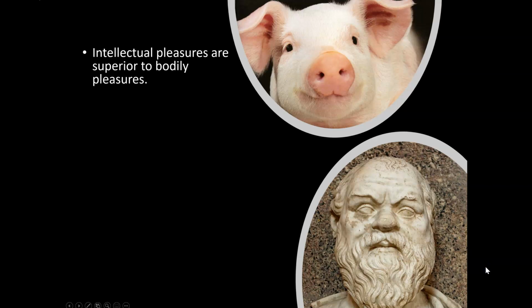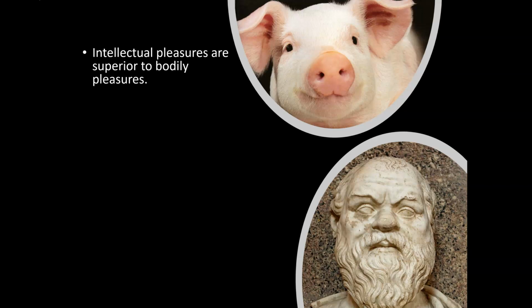So, intellectual pleasures, for instance, he thought, are superior to bodily pleasures. Just to give you an example, an intellectual pleasure might be listening to music, or reading a novel, right? Pleasures that occur in the intellect and that require an intellect in order to experience them, as opposed to bodily pleasures, which are easy to figure out.